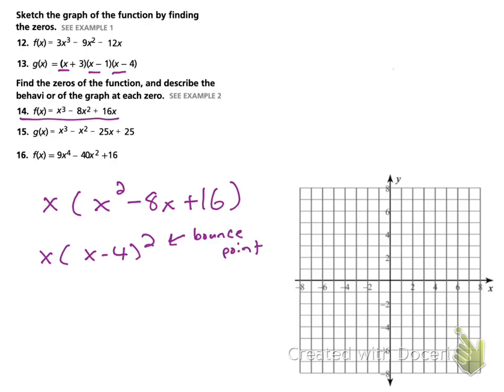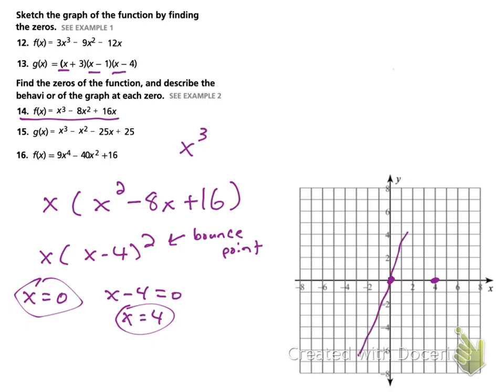Okay. So our two factors will have x equals 0, x minus 4 equals 0. So that's 1, 0. And then we got x equals 4. We'll have a bounce point at 4. Okay. So again, the leading term is x cubed, positive and odd. So we'll go up and through, but when we come down, we'll bounce and go back up there.